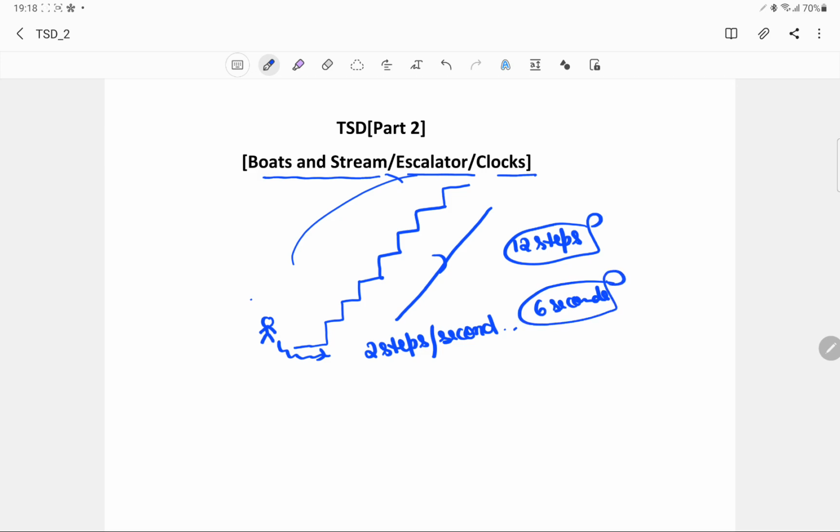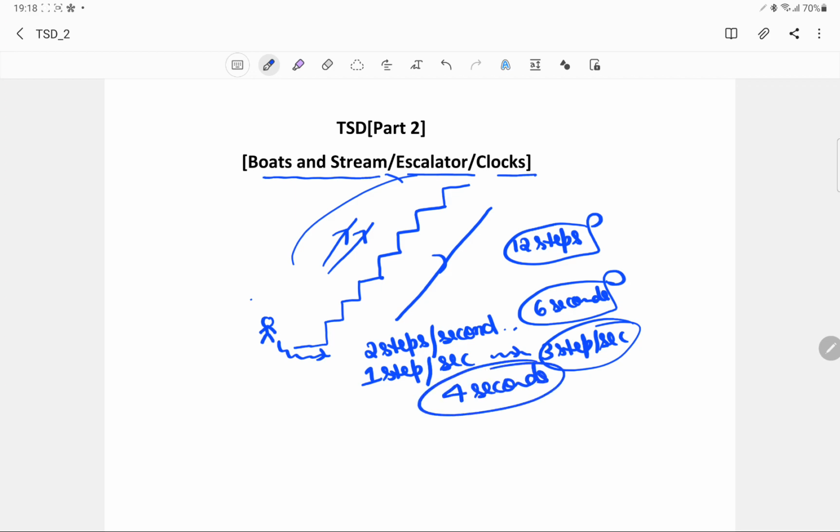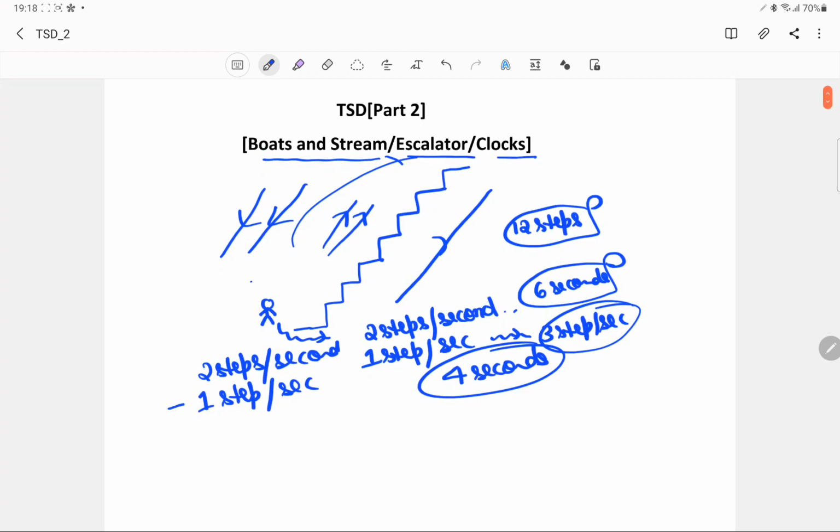But what happens if the escalator is a moving escalator, moving in the direction towards the top at a rate of, say, 1 step per second? Now for every second the man would be covering 3 steps, and he'll reach the top in 4 seconds. Similarly, if it is moving in the other direction, 2 steps per second is what the man was taking on the stationary escalator, and 1 step per second is what the escalator is moving, so this would now be subtracted.